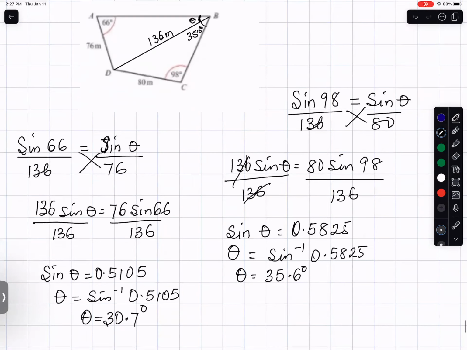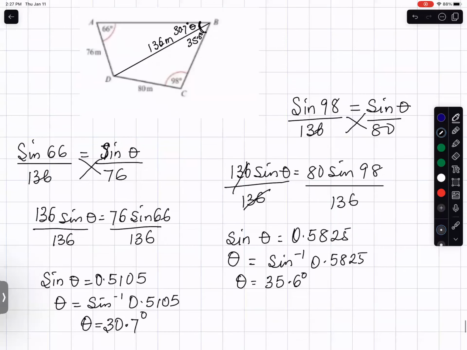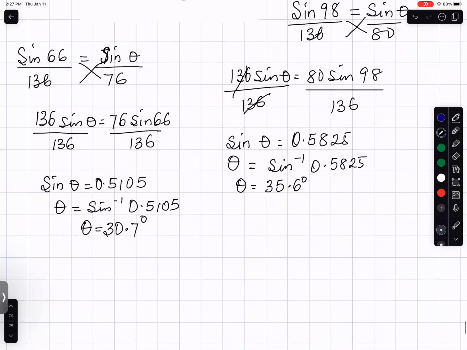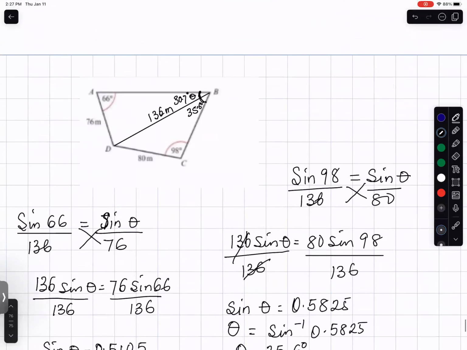So we've gotten this angle here as 30.7 degrees. So the total angle combined, I'm going to add them up. The first angle is 35.6 plus 30.7 degrees. So adding that up gives 66.3 degrees.